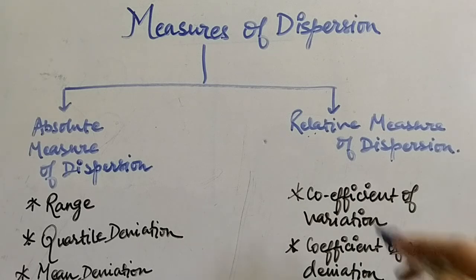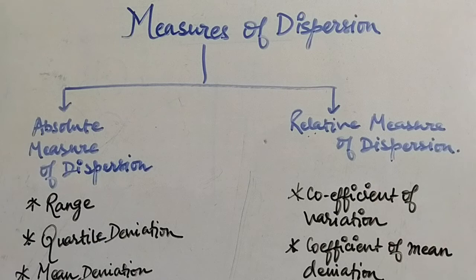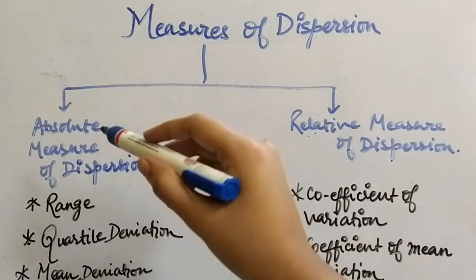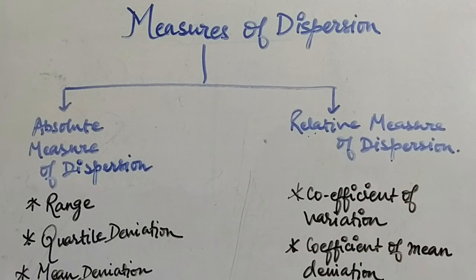Now the perk of relative measure of dispersion is that the two sets can be in different units. There is no compulsion that both sets of observations have to be in the same unit. Okay? But in case of absolute measure of dispersion, you need only the same kind of units, be it kilometer or kilogram, liters and all.